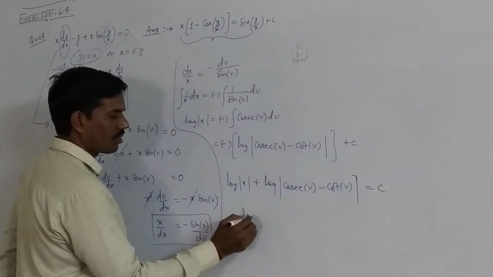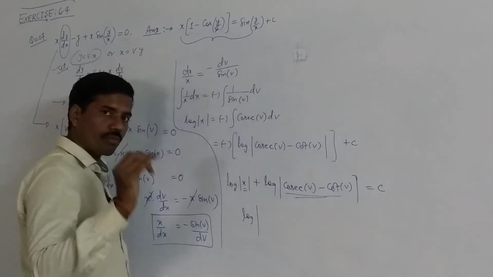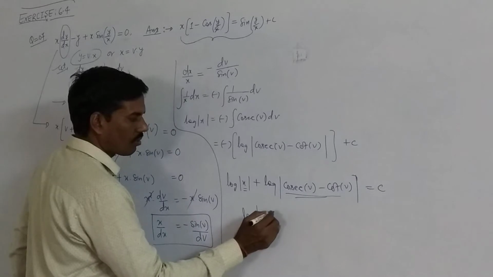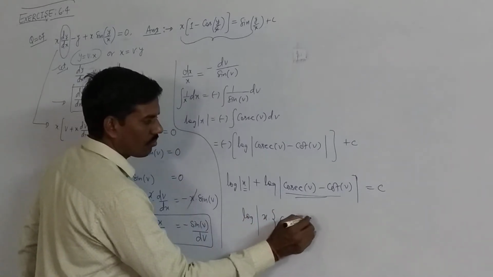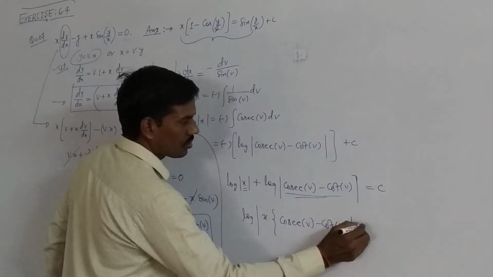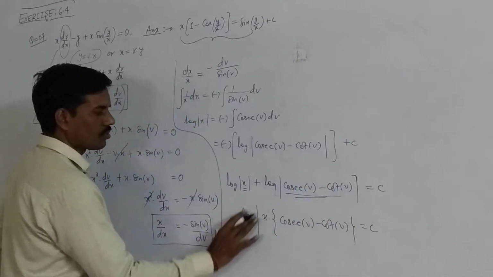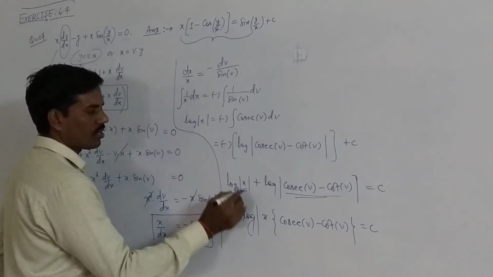We know that log of m plus log of n is equal to log of m into n, that is log of x into n, where n means cosec of v minus cot of v, is equal to c. This log is to the base e.